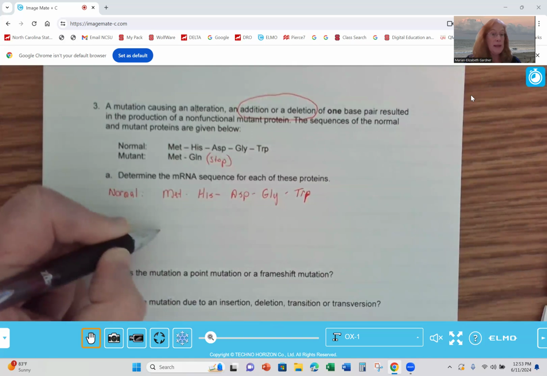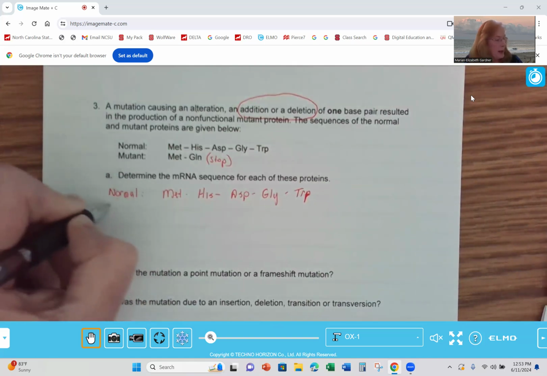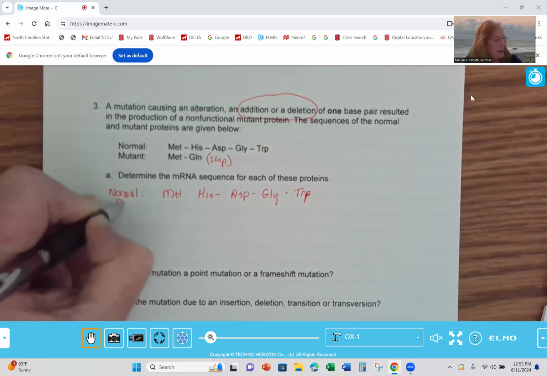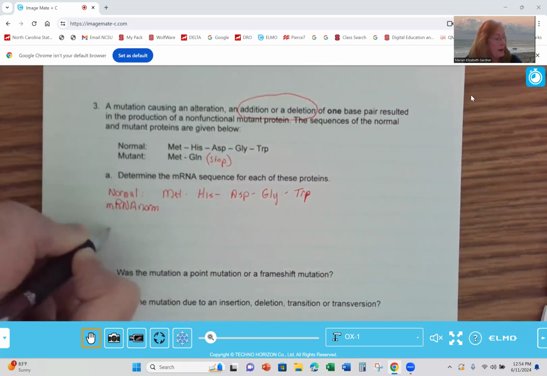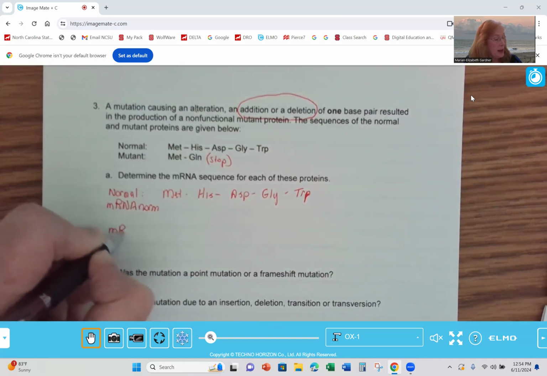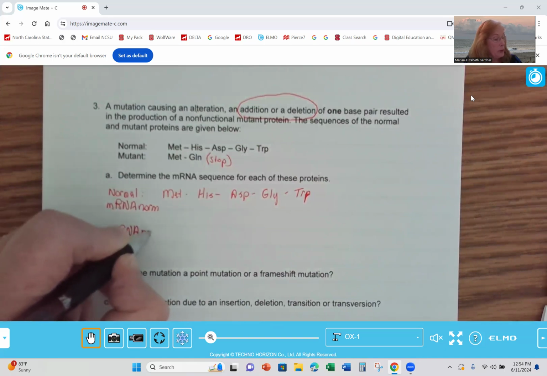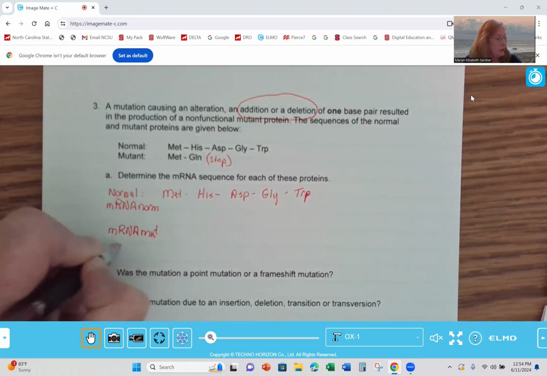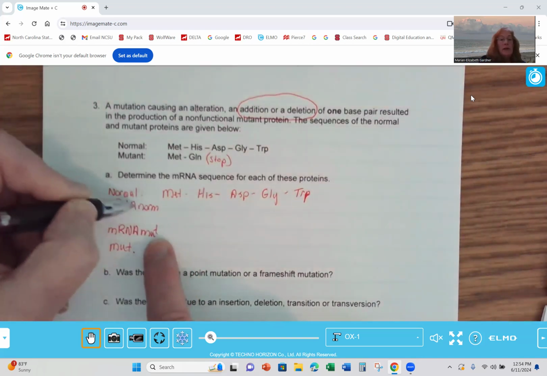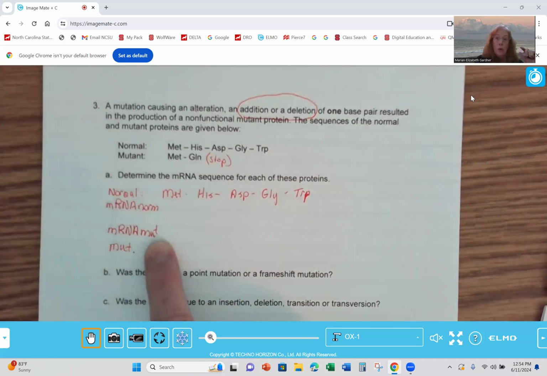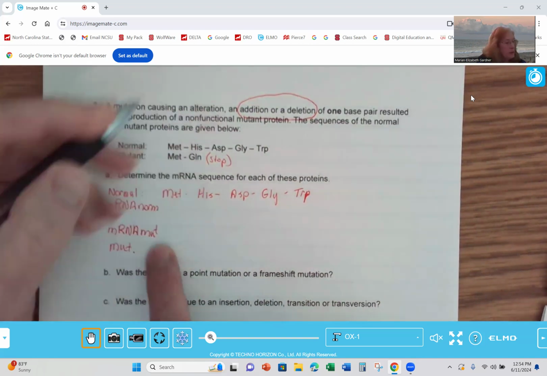And I'm going to leave a space here because I'm going to write out the messenger RNA for the normal. And then I'm going to have the messenger RNA for the mutant, and then I'm going to have the mutant protein. And I do this so that when I'm looking at these two RNA sequences, they're right next to each other, so it's easy for them to track.